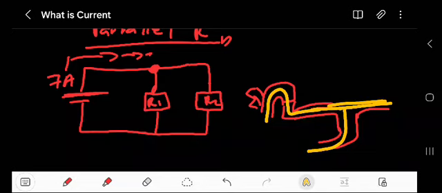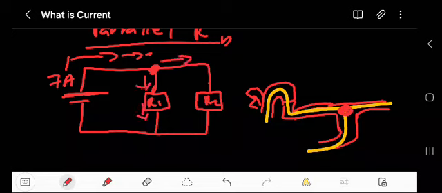This is simply like a current. You see this water will split at this T junction. So also you have a T junction. There will be a current that will flow like this, and when it reaches this point, another one will flow through resistor 1.